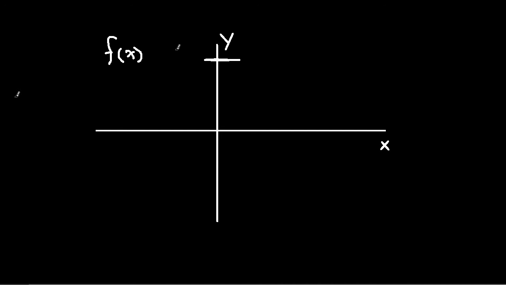So for example, y equals x squared is an even function because it looks something like this, and it's symmetric across this.